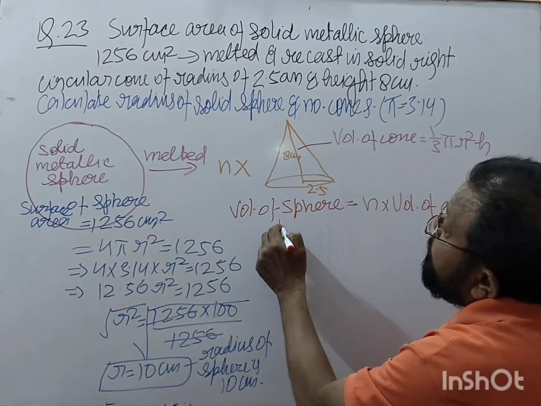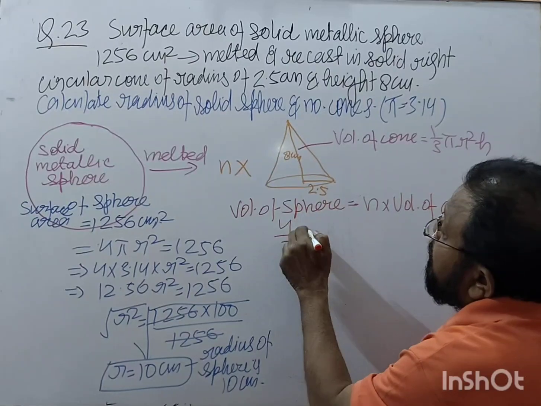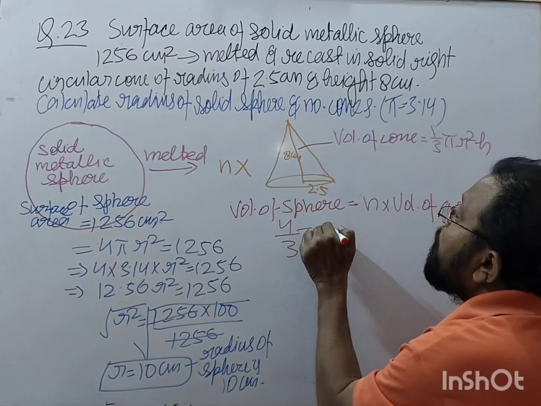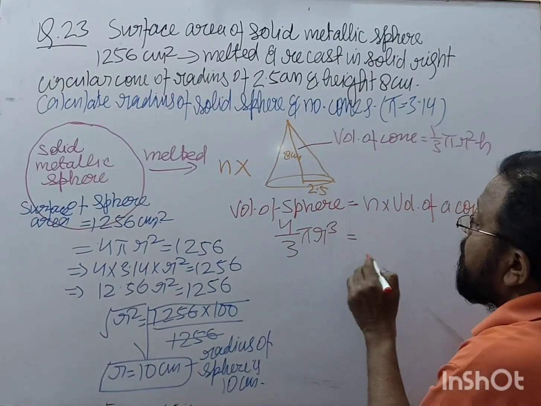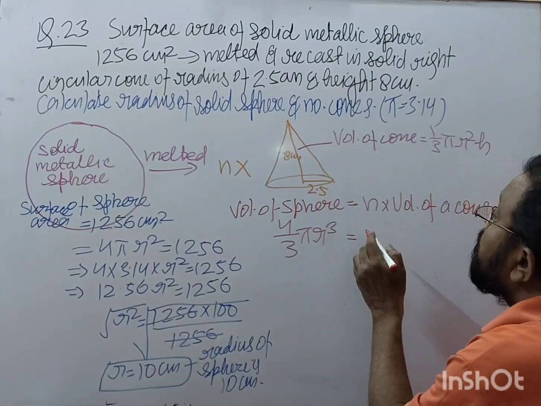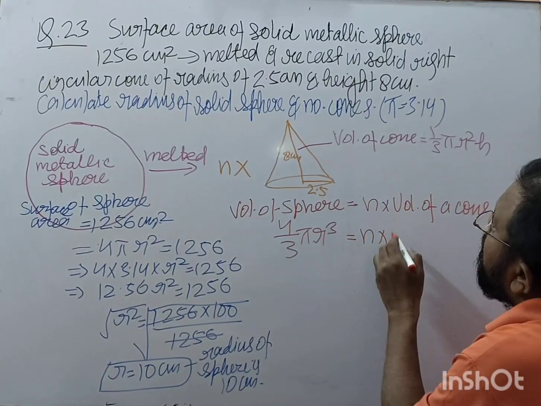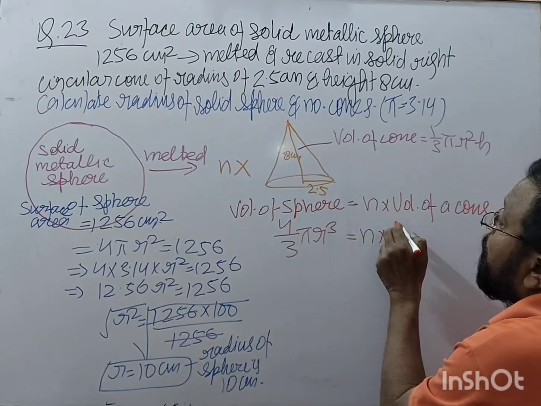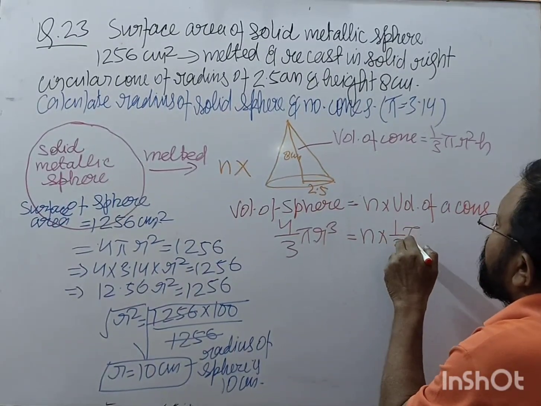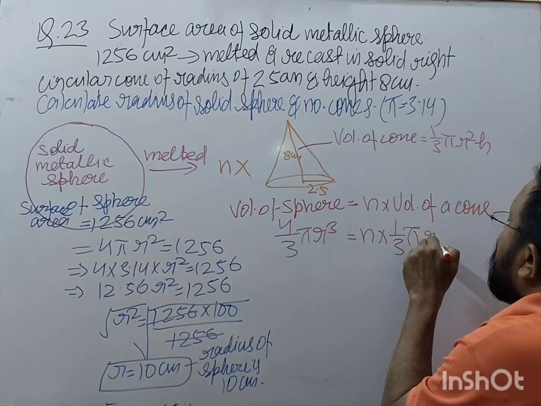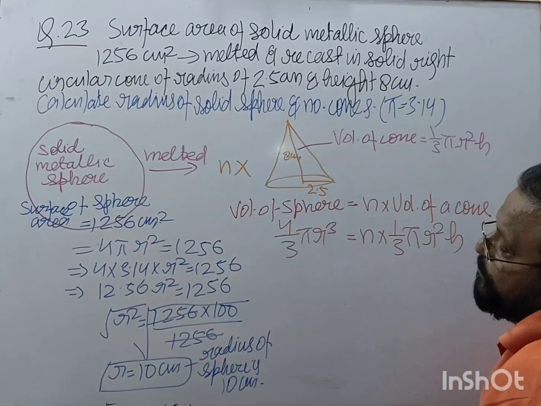The volume of sphere is 4/3 pi r cube is equal to n into 1 upon 3 pi r square h.